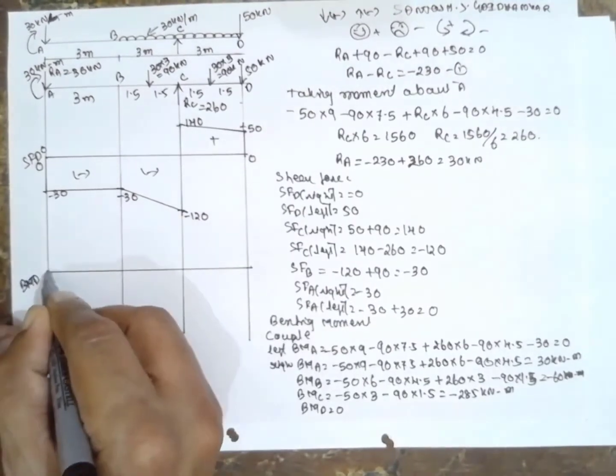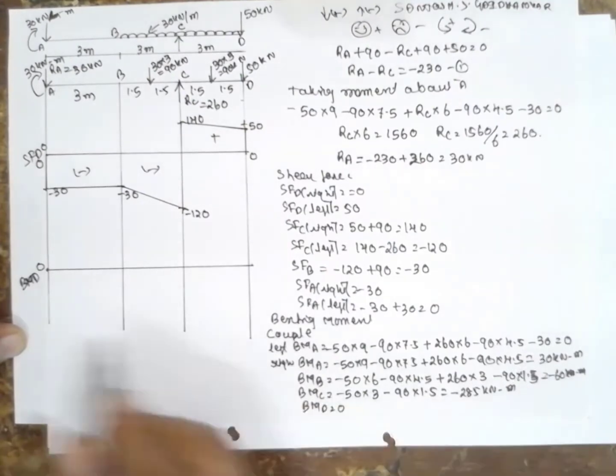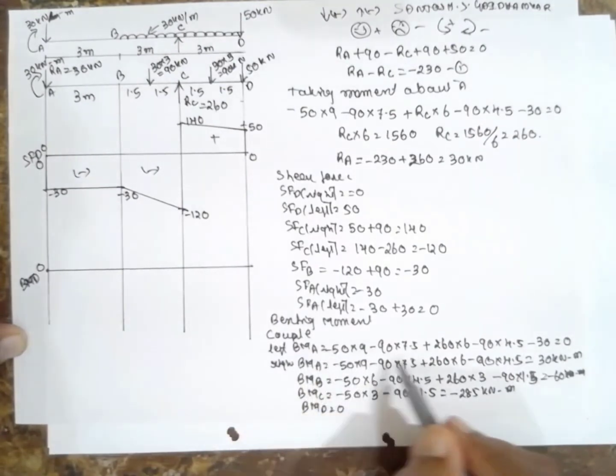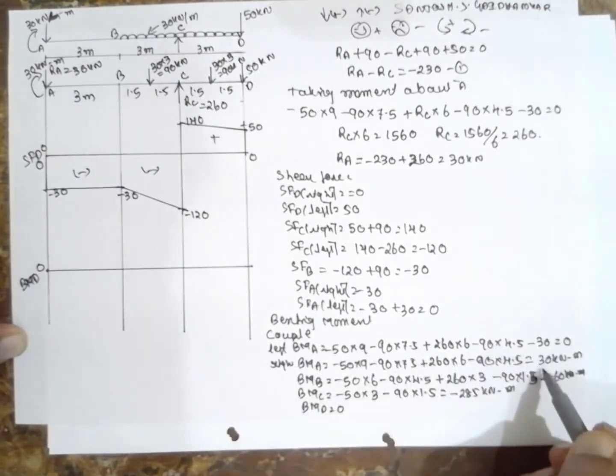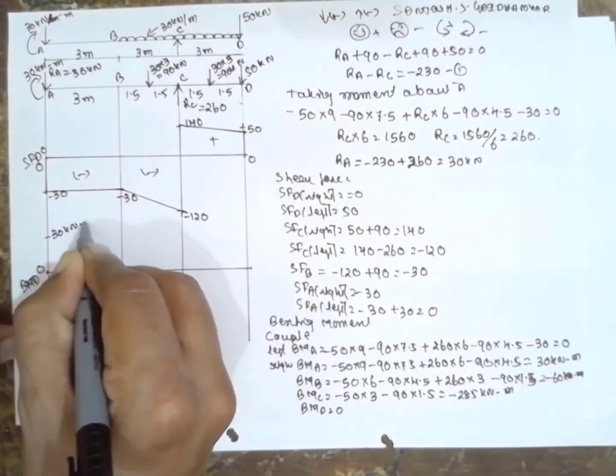BMD 0. At A it is minus 30, and at A it is positive 30 kilonewton meter.